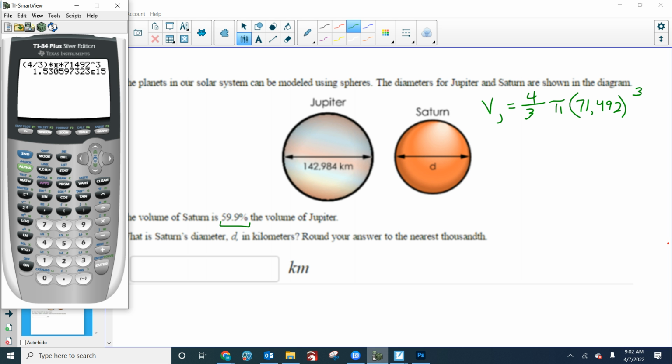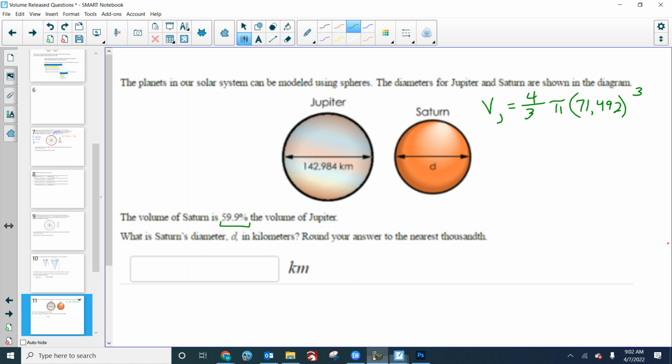Now, here's what we're going to do. Aren't we going to take 59.9% of that? Right? That's what it said. So times 0.599. Right there, even though I don't know what that is, I'm not going to write it out. That's the volume of Saturn. Are you all on the same page with me there? Now, I'm going to keep that in my calculator.